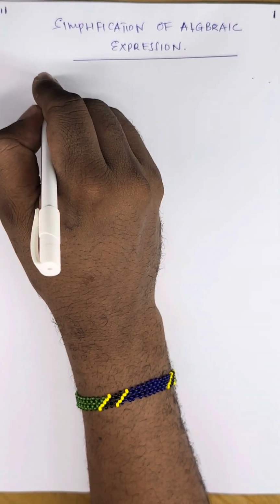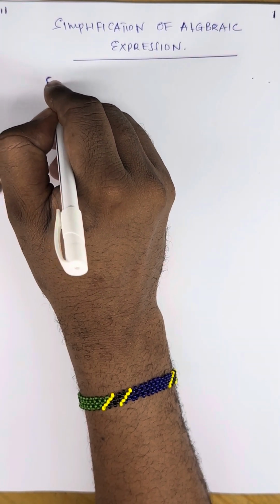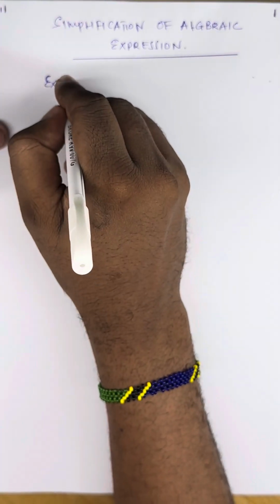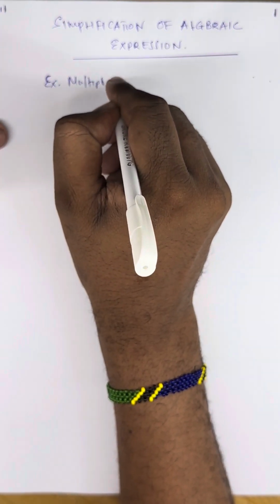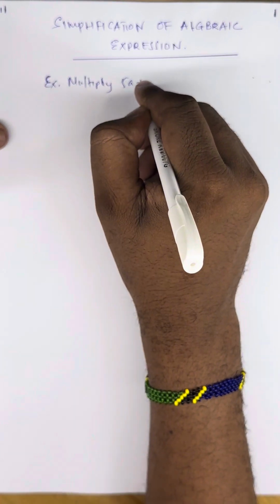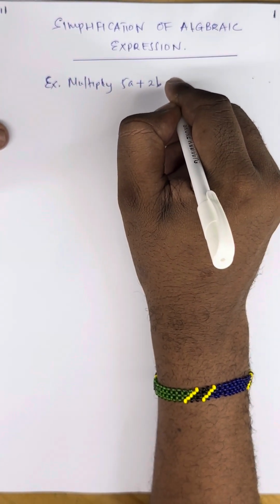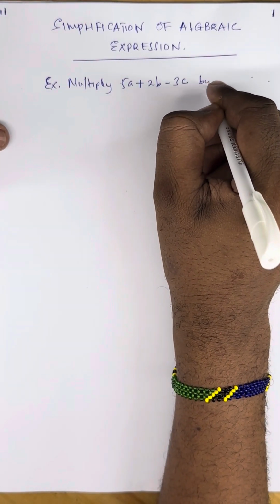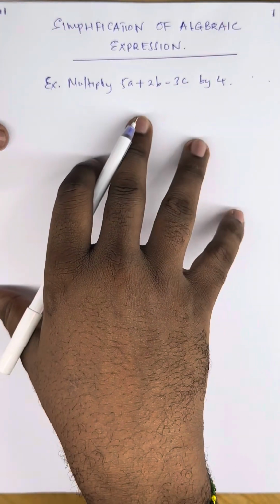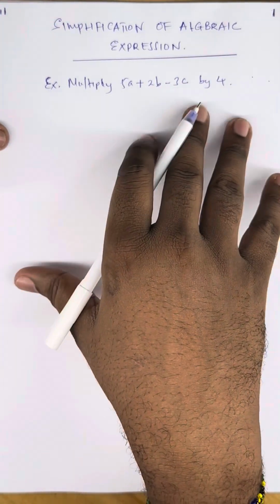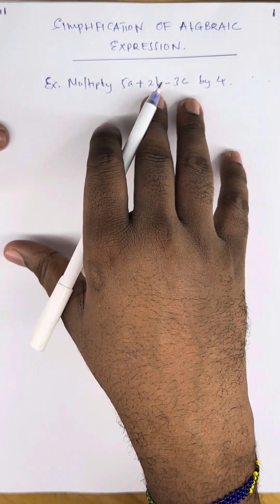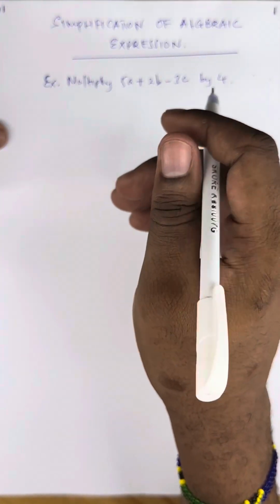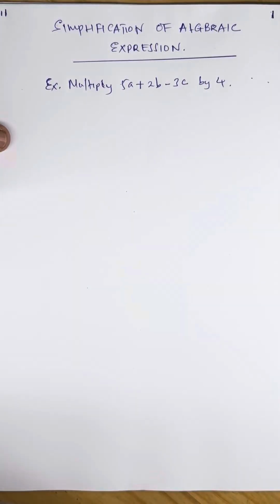Example 1. You have been told to multiply 5a plus 2b minus 3c by 4. I said simplification can be a combination of like terms, either by adding or subtracting their coefficients, or multiplying or dividing.